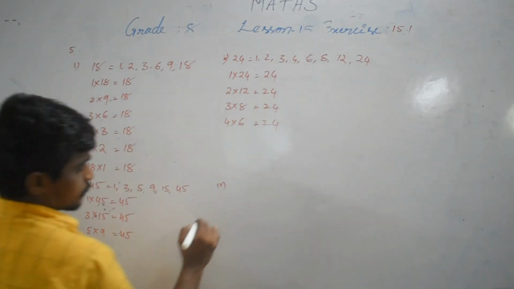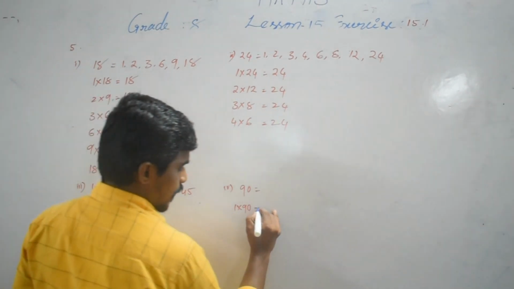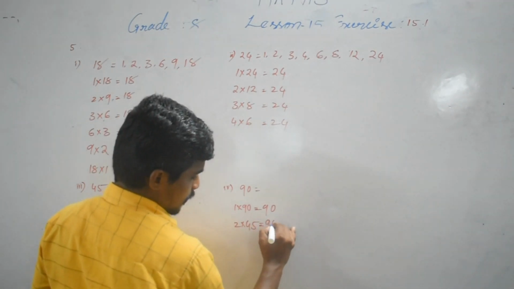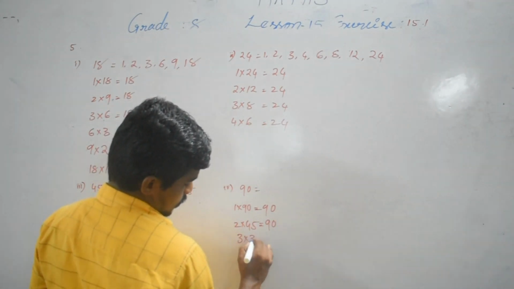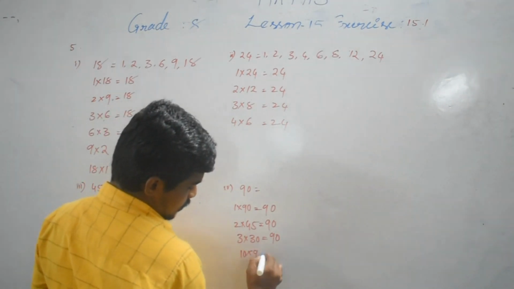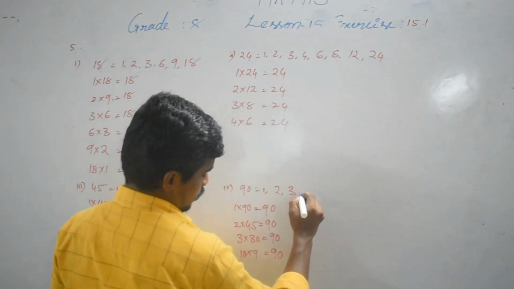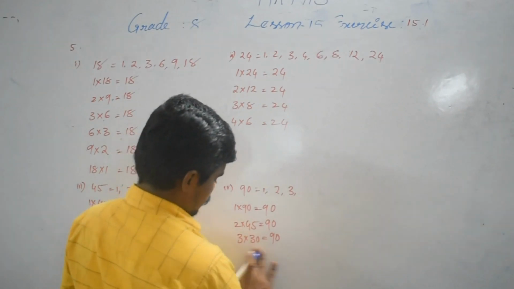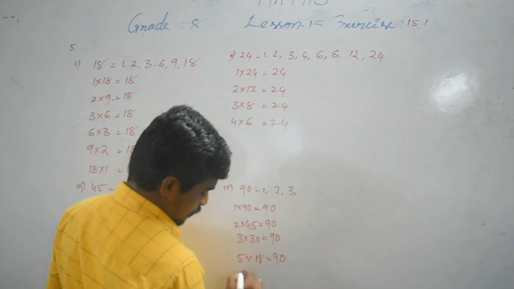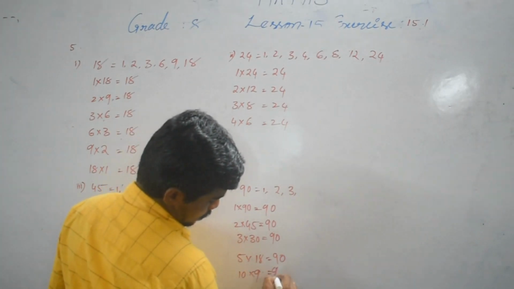Factors of 90. 2 45s are 90, 3 30s are 90, 10 9s are 90. So 1, 2, 3, 5 also. 5 18s are 90, 10 10s are 90.